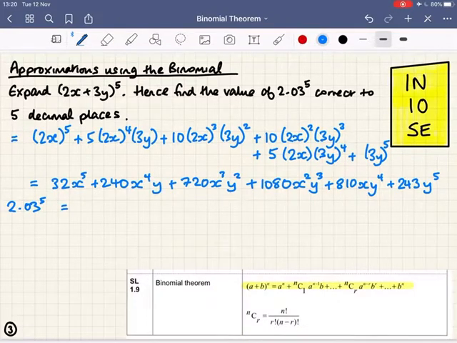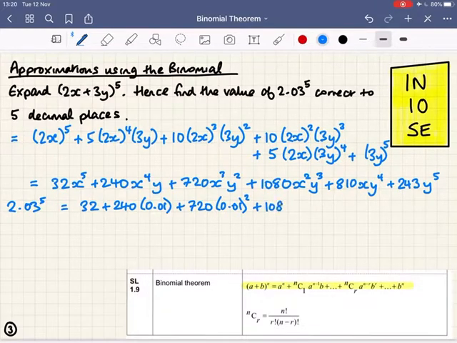And we end up with 2.03 to the 5 is equal to 32 plus 240 times 0.01 plus 720 times 0.01 squared plus 1080, 0.01 cubed plus 810, 0.01 to the power of 4, and then 243, 0.01 to the 5, just squeezing that in at the end.